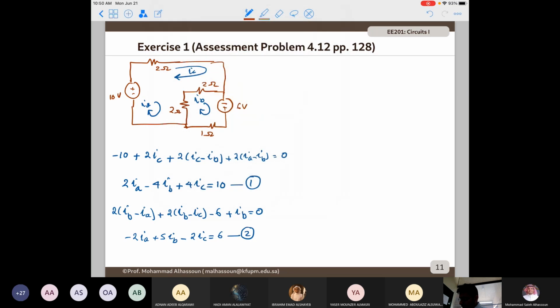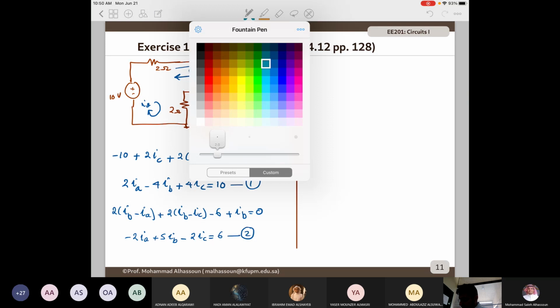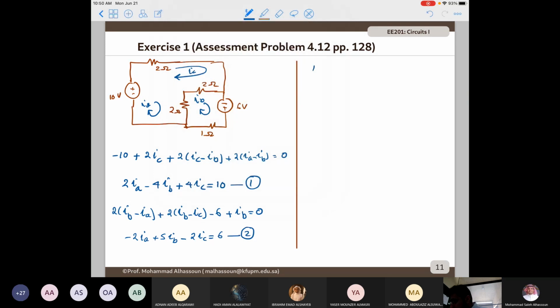So in this case, IA minus IC equals 2. And this is the third equation. So I have 3 equations, 3 unknowns, so I can easily solve it.